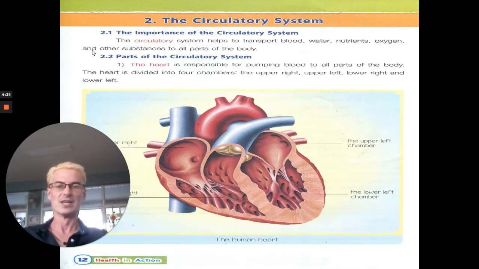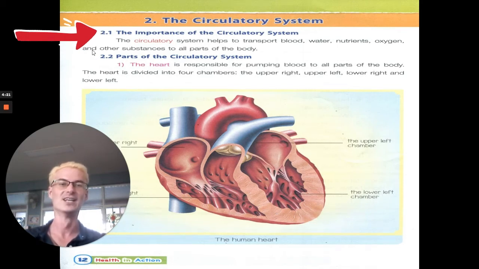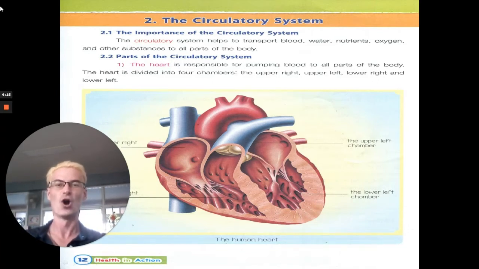Okay, read the text with me, listen to my voice, and try to remember the information. The circulatory system helps to transport blood, water, nutrients, oxygen, and other substances to all parts of our body.